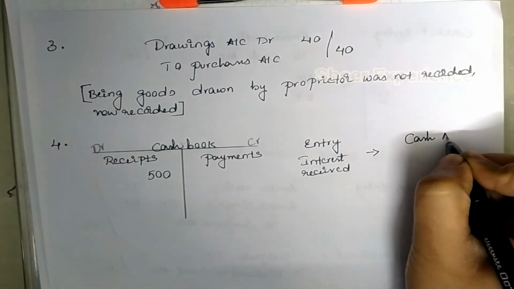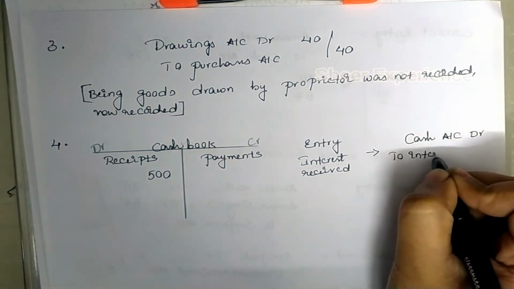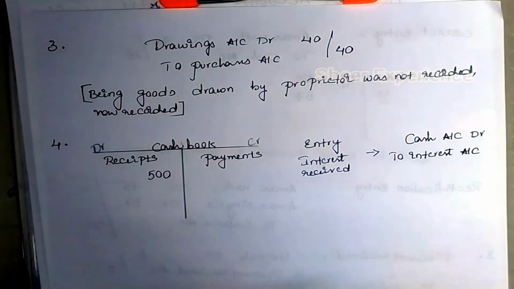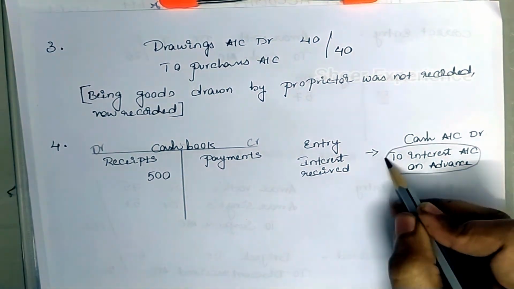The correct entry for this transaction is cash account debtor to interest on advance account. What are the two accounts we have here? We have cash and we have interest on loan advanced account. We have already posted this in our cash book, but not posted in interest on loan advanced account.